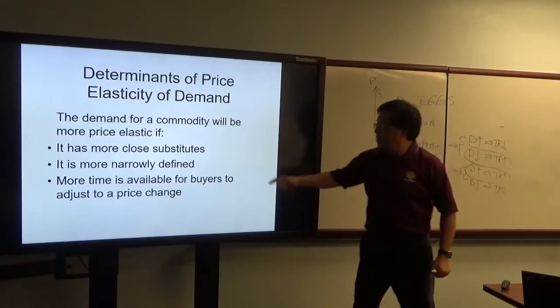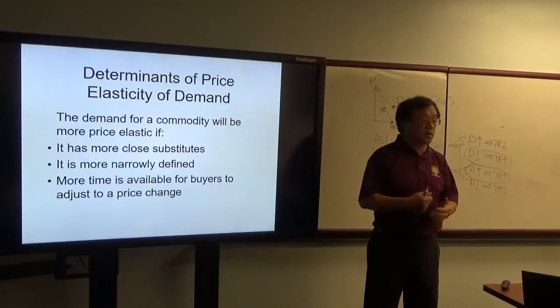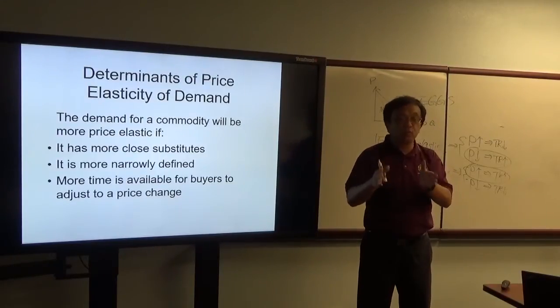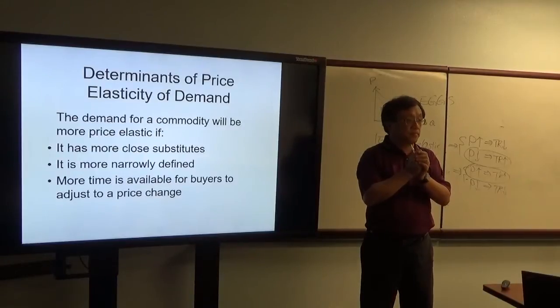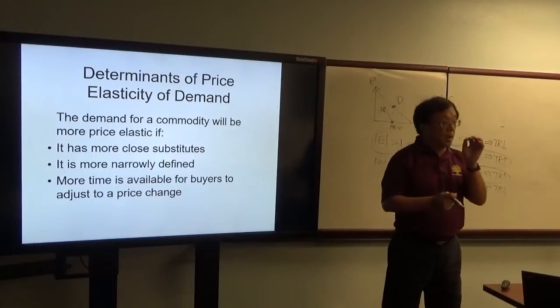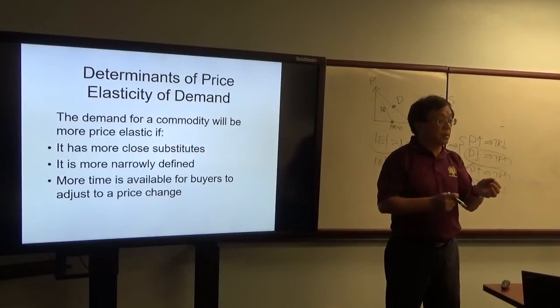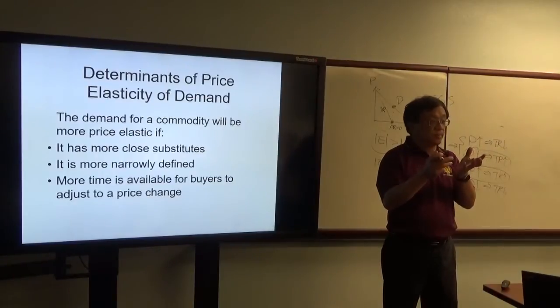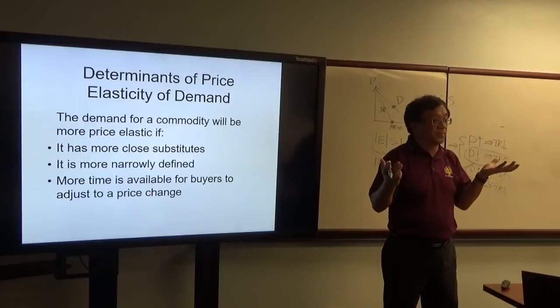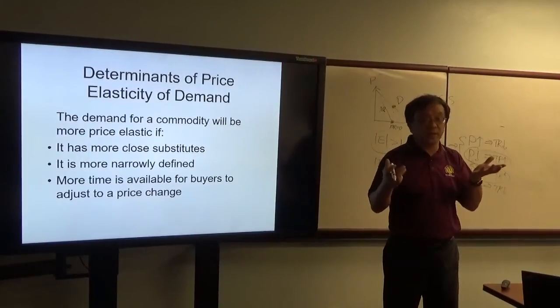Okay. The more narrowly defined products. How about clothing versus blue jeans? Which one is relatively more elastic? Clothing is relatively inelastic, right? How about blue jeans? I mean, you can have white jeans. You have many other choices, right?